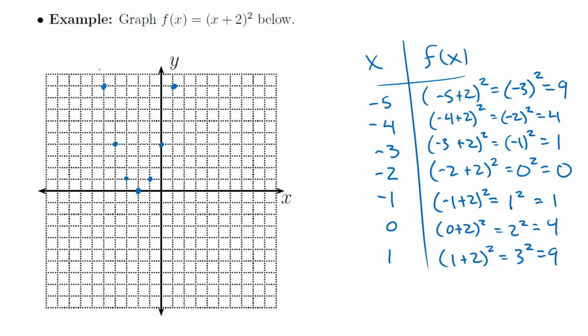So there's our parabola. And we can see right here the vertex is negative 2 comma 0. And then our axis of symmetry is x equals negative 2.